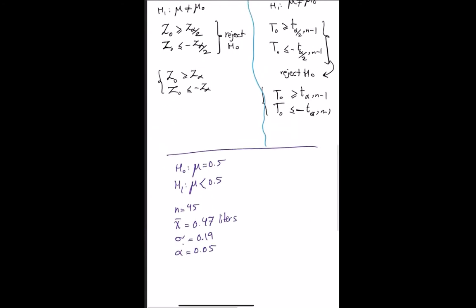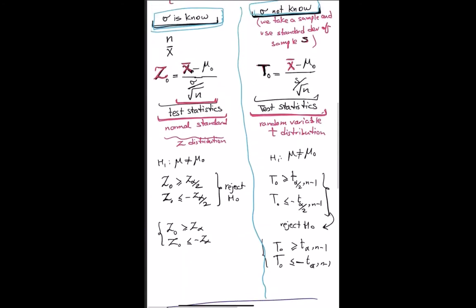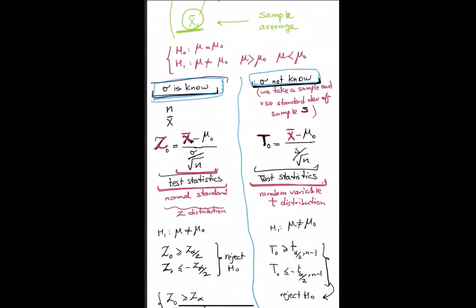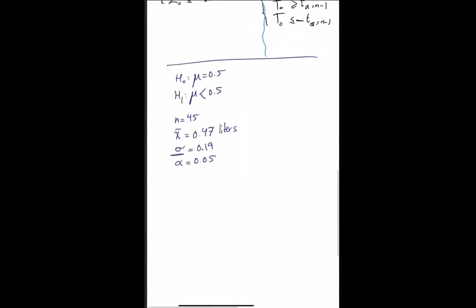Okay. I want to decide on the test of hypothesis. Given the fact that I know sigma, I have to pick the formula on the left side because sigma is known. This is the formula to construct the test statistic Z naught. So then Z naught is X bar minus mu divided by sigma over square root of n.